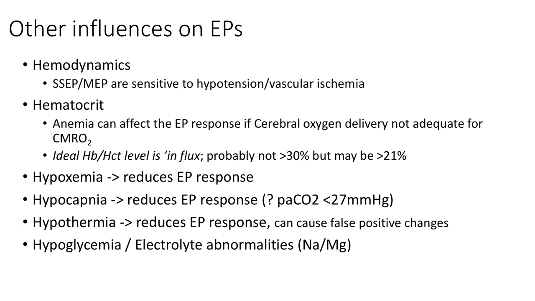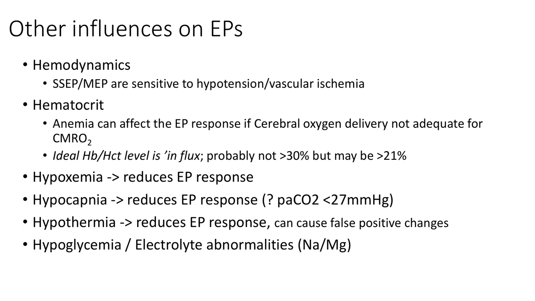Other influences on evoked potentials. Obviously, hemodynamics. If function is an expression of circulation, the SSEPs and MEPs are very sensitive to hypotension and vascular ischemia. I mean, that's why we're using it for monitoring. The evoked potentials are also affected by oxygen delivery and the arterial oxygen content, aka hematocrit.